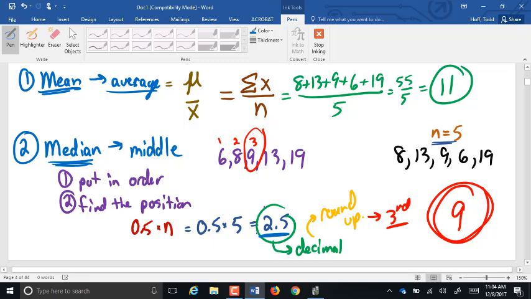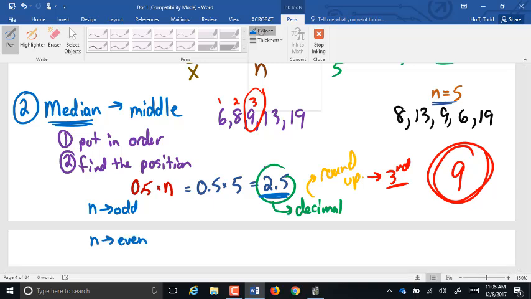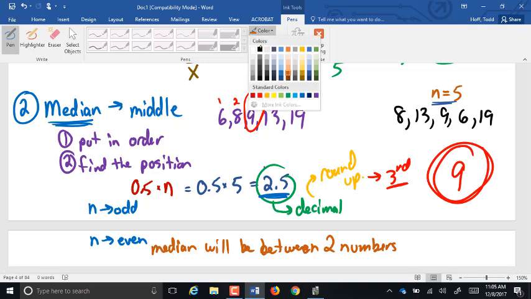What if this didn't come out to be a decimal? It came out to be a decimal because n is odd in this case. If n is even, the median will be between two numbers. What do I mean by that?